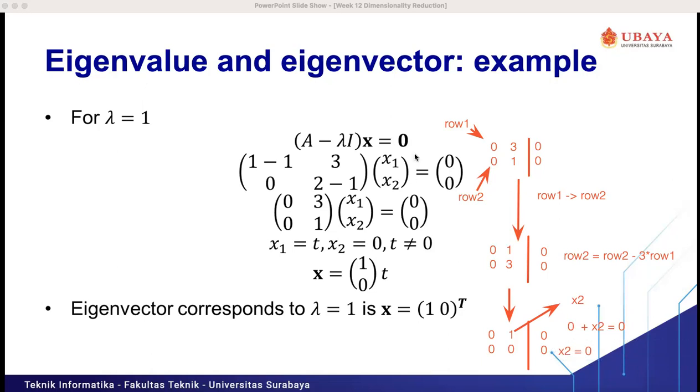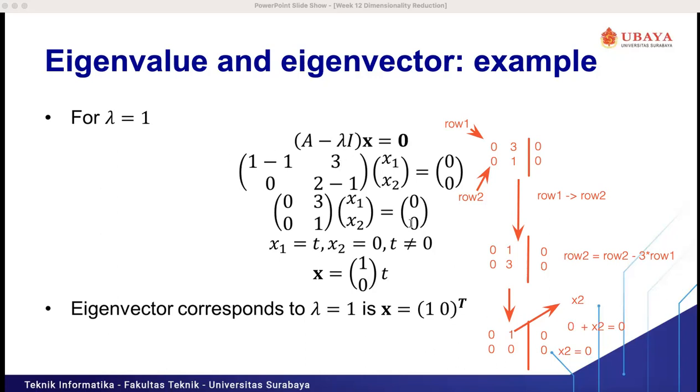But like I mentioned before, the eigenvector is a non-zero value. If we only have a zero value in x2, then x1 will not be zero. That's why we can just say that x1 equals t. In Indonesia we call t a permisalan, just the t value.